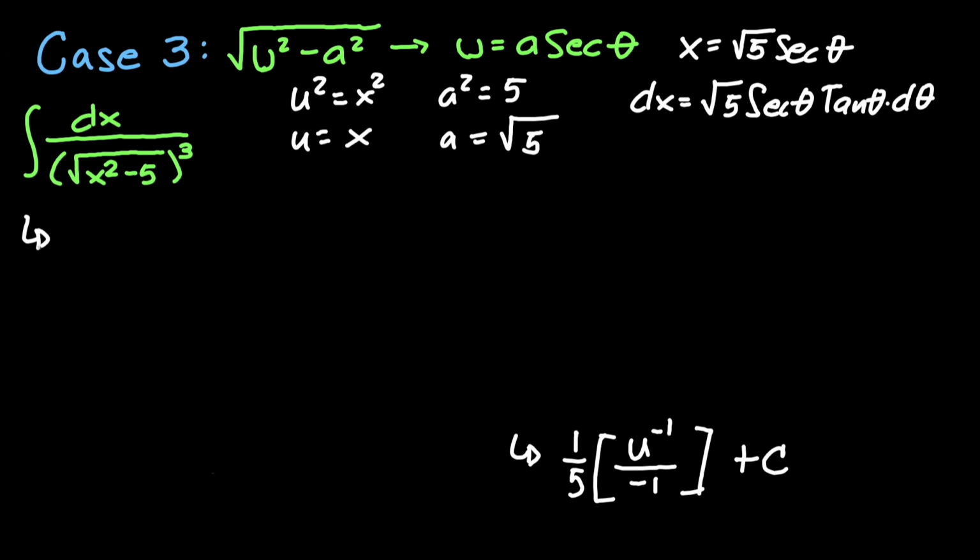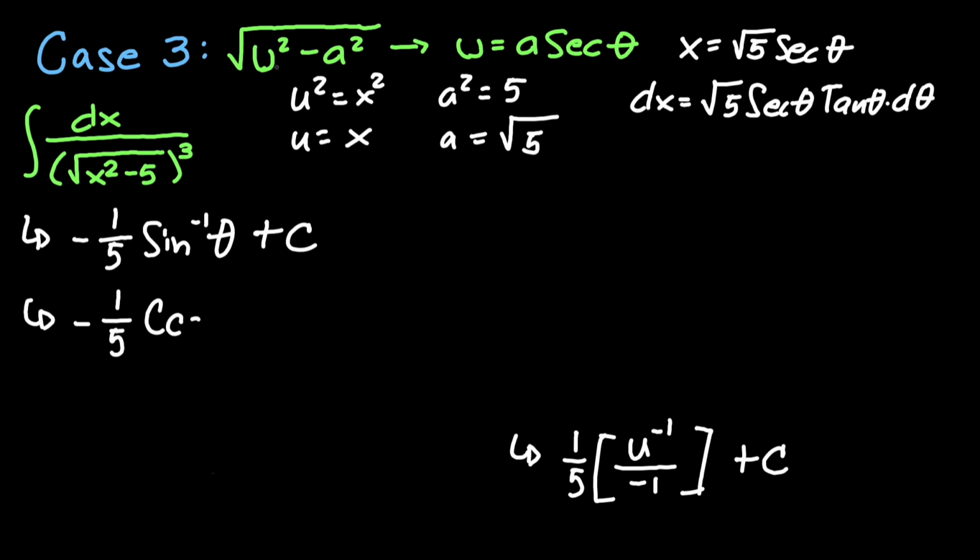Substitute u back into its original form, you will have -1/5 multiplied by u here. U there earlier is sine raised to the power of -1 of theta plus c. You can simplify this by putting sine raised to the power of -1 into its inverse form. So this would be -1/5. The inverse of sine is cosecant of theta plus c.